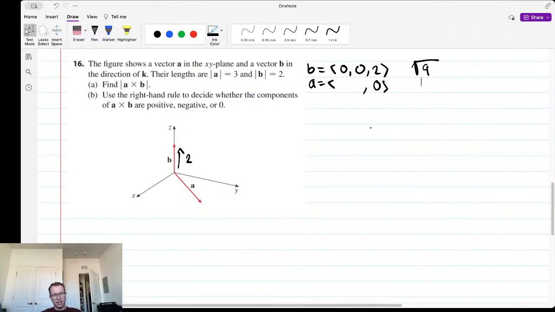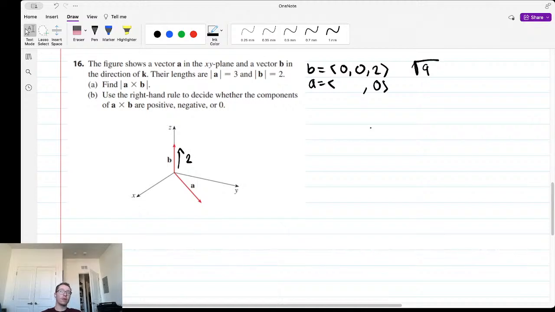2 squared is 4, but then you need 5, and you can't get 5 by squaring anything apart from an irrational number. Unless you took the radical of 5 and squared that.